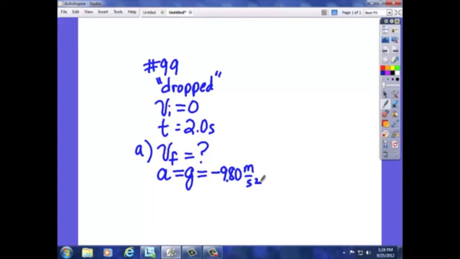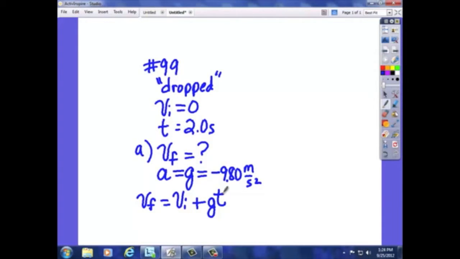So now, again, I have initial, final, time, and acceleration. And so what I can use is my first motion equation. V final, which I'm looking for, is equal to V initial plus the acceleration, which I'm going to call g here, times the time. And I can just very easily go into my calculator.